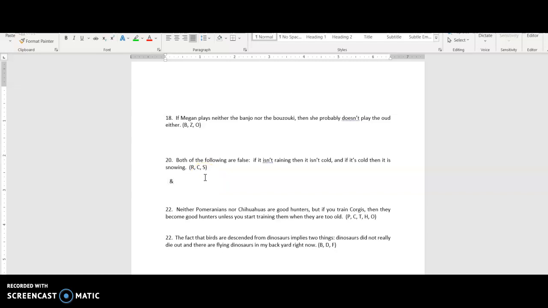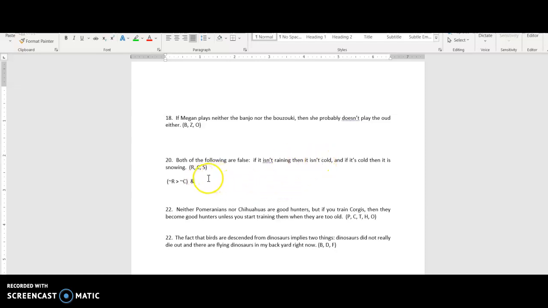So this is a both not sentence, right? So let's just ignore the both of the following are false and translate the if it isn't raining then it isn't cold, and if it's cold then it's snowing, right? So these are both conditionals. So if it isn't raining then it isn't cold. If not R, then not C.